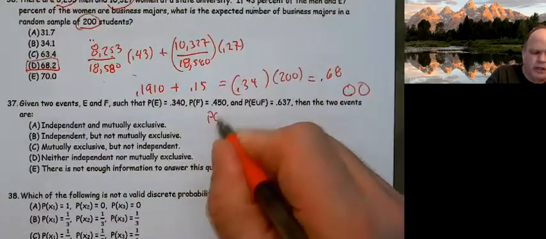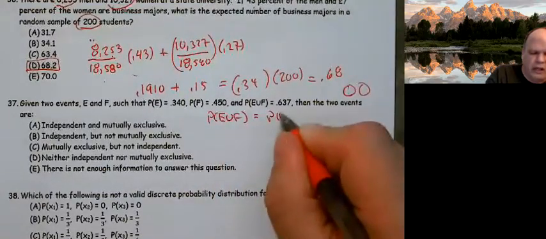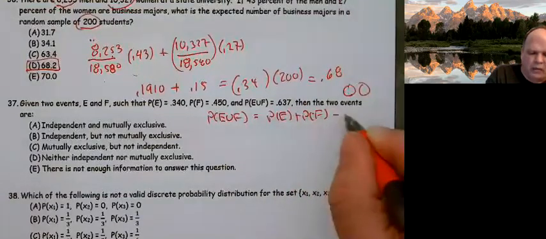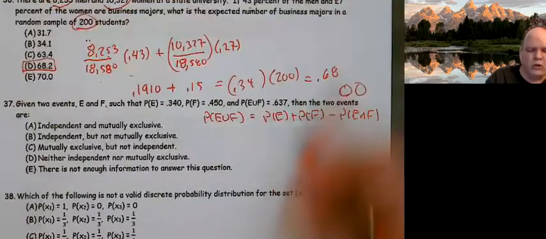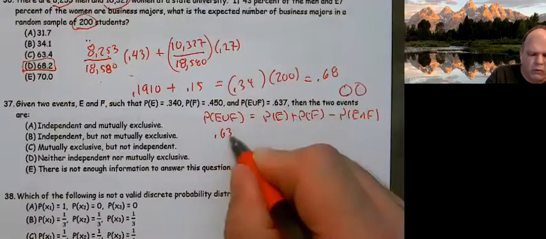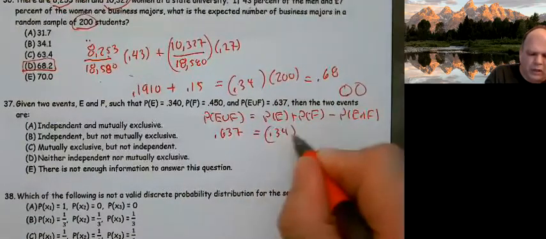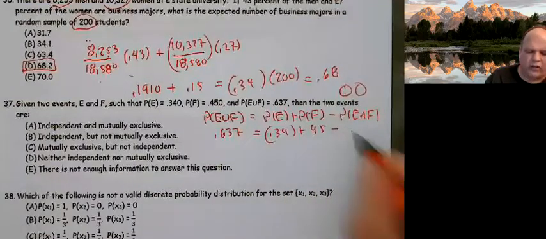So we have the probability of E union F equals the probability of E plus the probability of F minus the probability of E and F. The union here is 0.637, which equals 0.34 plus 0.45 minus our intersection.